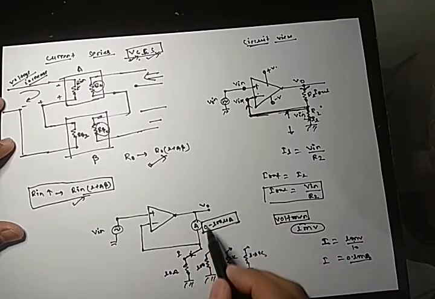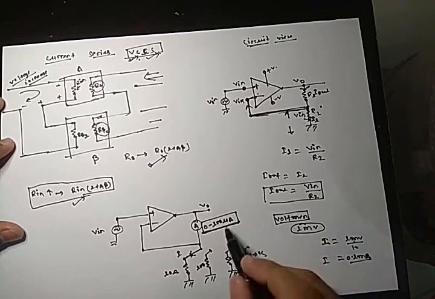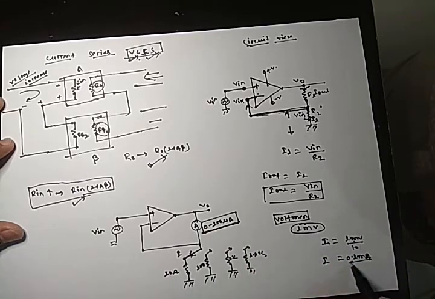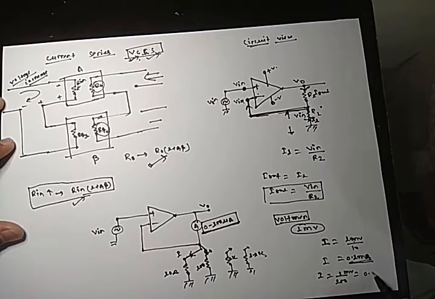Now this is the range of 0 to 100 microampere, so it can read up to 0.1 milliampere. So now if the voltmeter is connected to this 100 ohm, then it will read 1 millivolt by 100, this will be 0.01 milliampere.